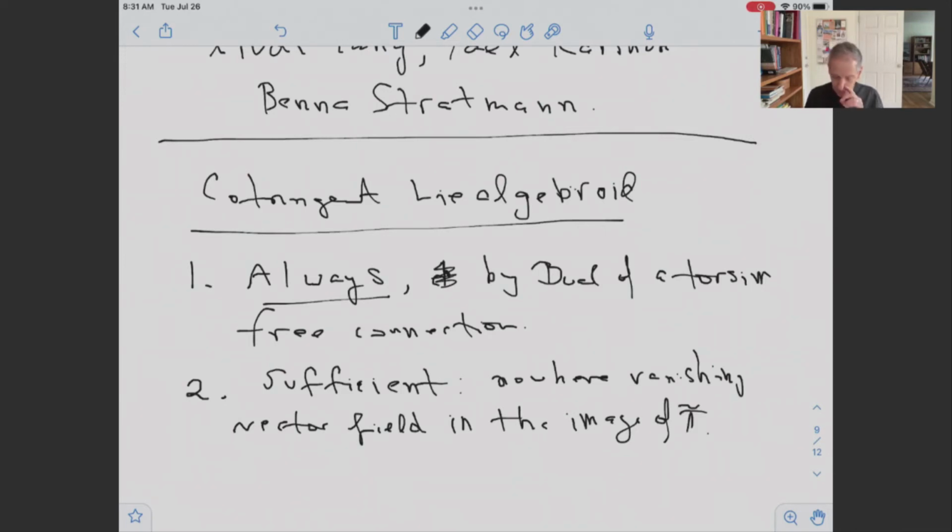So for example, in the regular case, where pi tilde has constant rank, a necessary and sufficient condition for this is that there be a nowhere vanishing vector field tangent to the symplectic leaves.